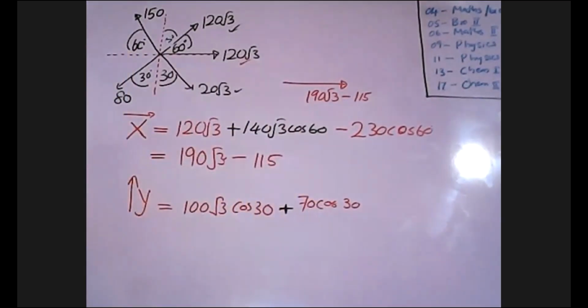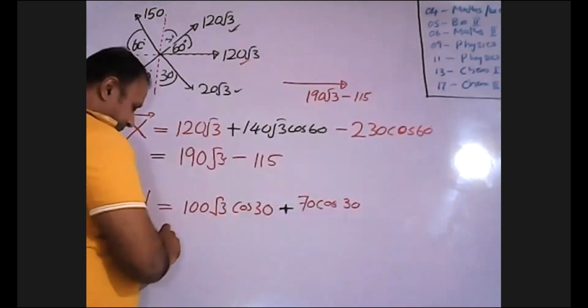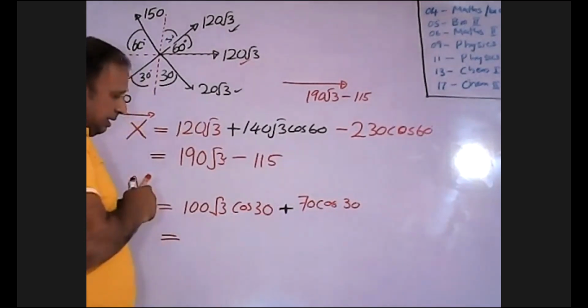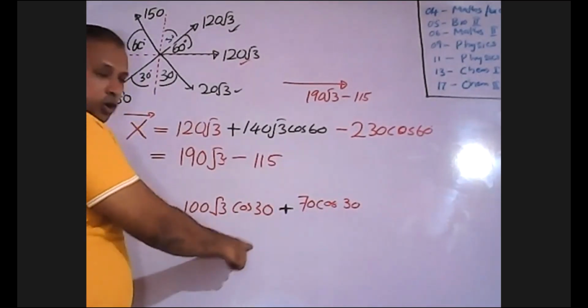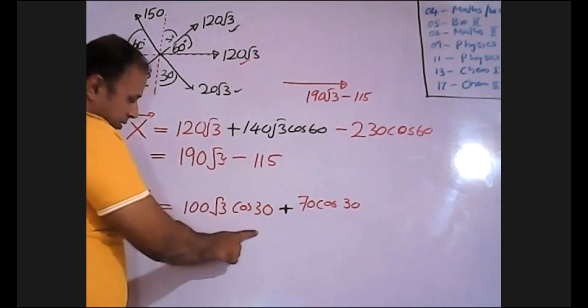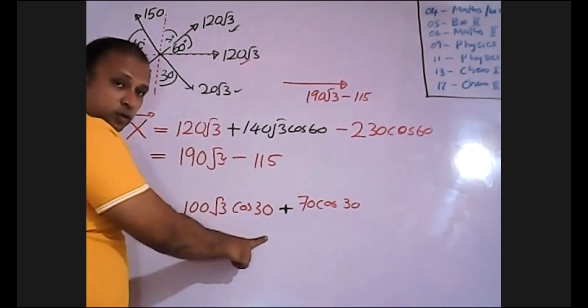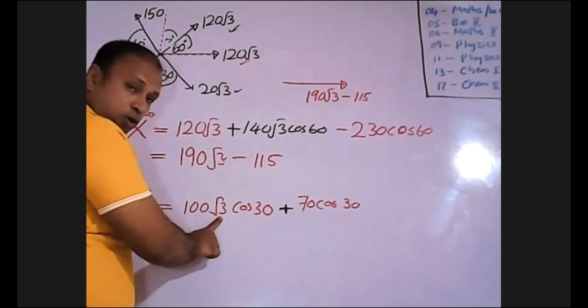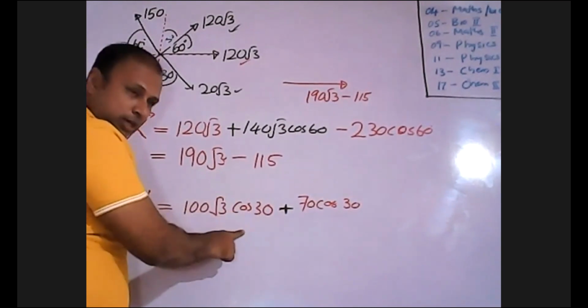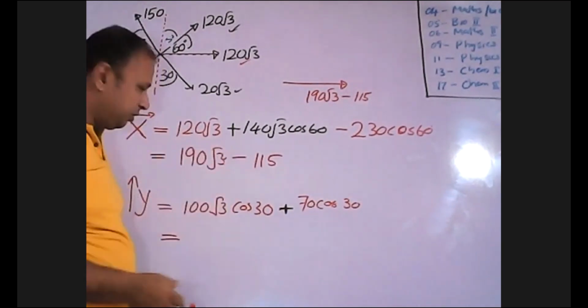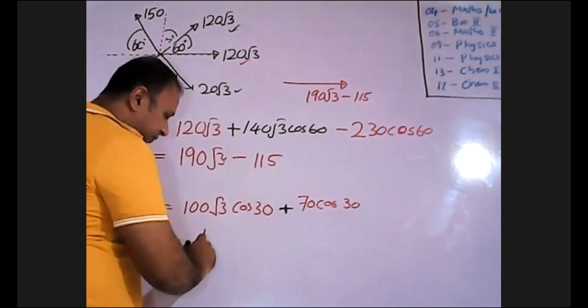Then you can do the simplification again. Cos 30 is root 3 over 2. 100 divided by 2 means 50, 50 into root 3 into root 3 means 3. Therefore, 50 into 3 means 150.